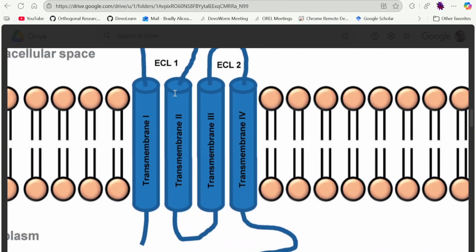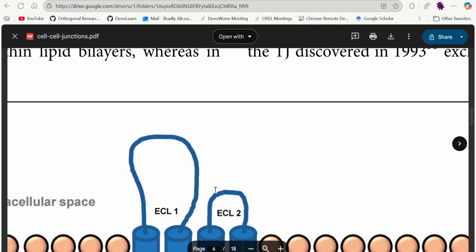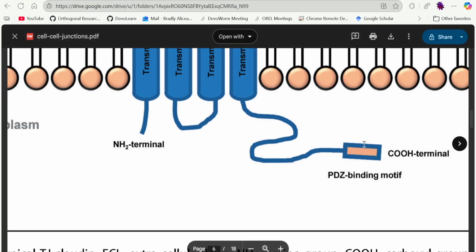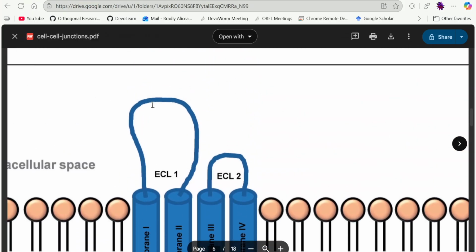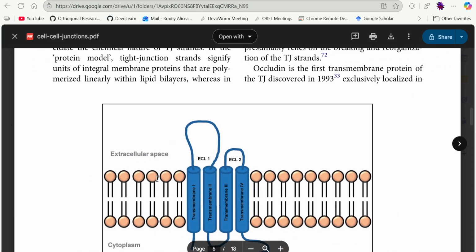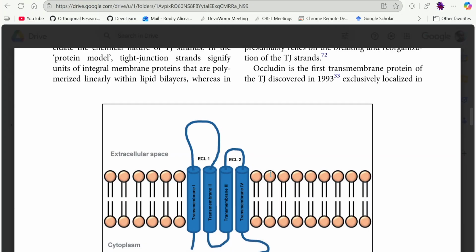And then I guess these are extracellular loops, and these are the NH terminal. This is the PDZ binding motif, the COOH terminal. So you have these things inside the cell, and then these loops outside the cell, and then these structures here, just the membrane. So you have these transmembrane proteins that are mediating these junctions.